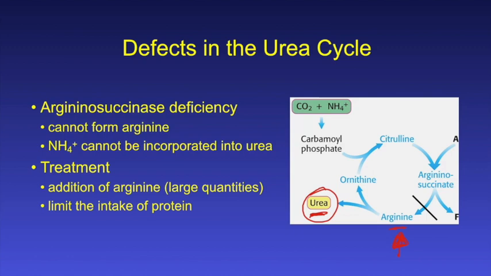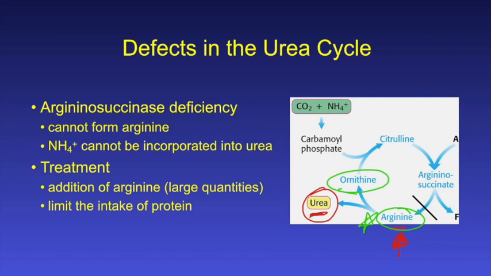Now, if I make a linear path, I could have treated with arginine, or I could have treated with ornithine, because I just need a linear path. Why do I use this one rather than ornithine? Breaking down amino acids is kind of dangerous in a person like this, because we don't want to make an intermediate that is not normally taken out of the body.